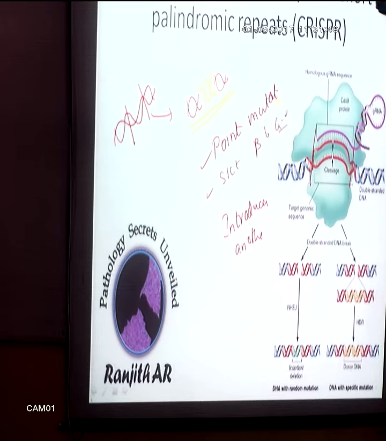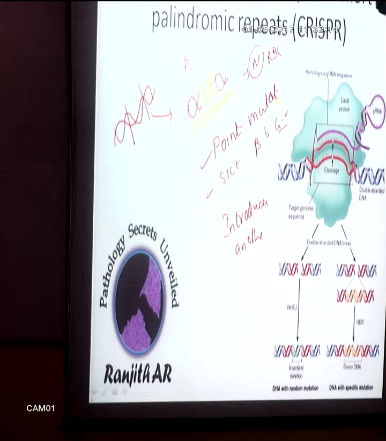If this is the beta globin gene, I can cut that 6th position and introduce a normal 6th position. Then it will be a perfectly normal red blood cell and not a sickle cell. Great, isn't it? So CRISPR is a new method of gene therapy.